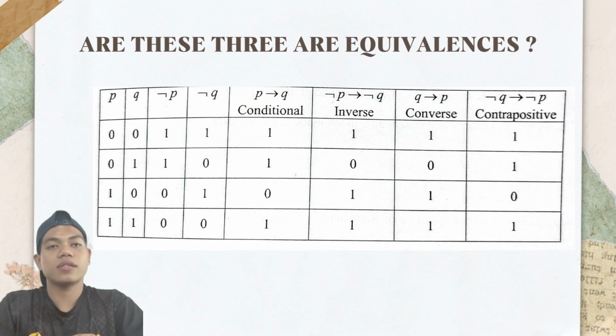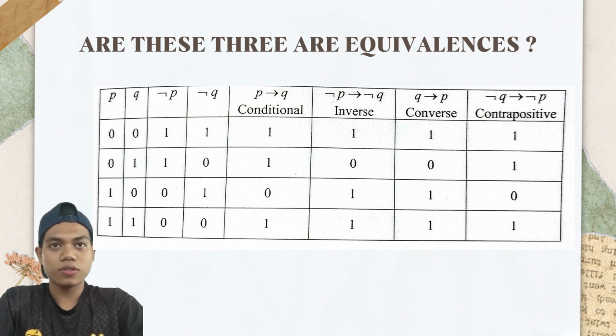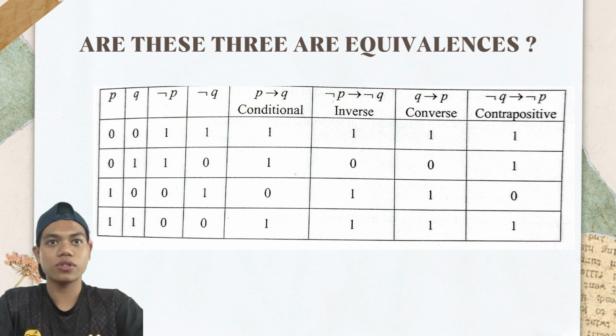So now we will check which of these three statements are equivalent to the conditional statement. We will use a truth table to determine this. From the truth table, we can see that the conditional statement is equivalent to the contrapositive. As you can see from the truth table, the fifth column, which is the conditional statement, is equivalent to the 8th column, the contrapositive. And the inverse statement is equivalent to the converse statement.